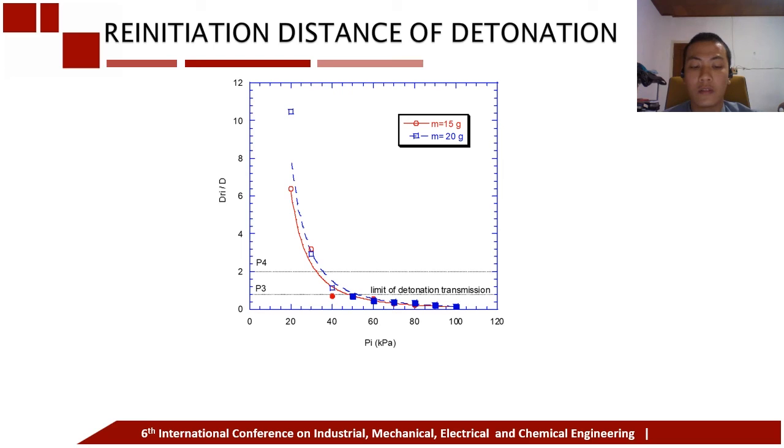As the velocity of the flame front increases in the downstream of the model, the energy transmitted by the flame front after emerging from the model is increased. Thus, the time needed for detonation to reinitiate becomes shorter, which means the reinitiation distance of detonation also becomes shorter.